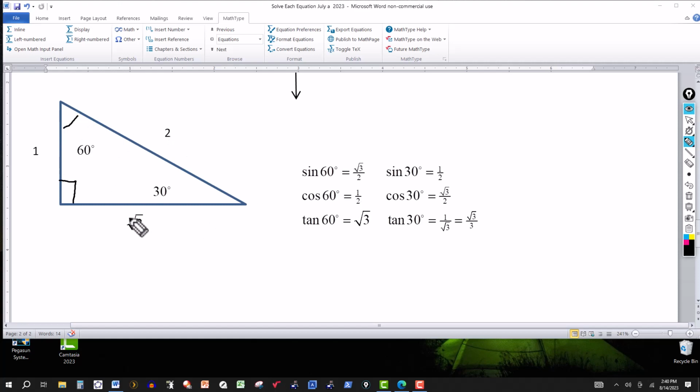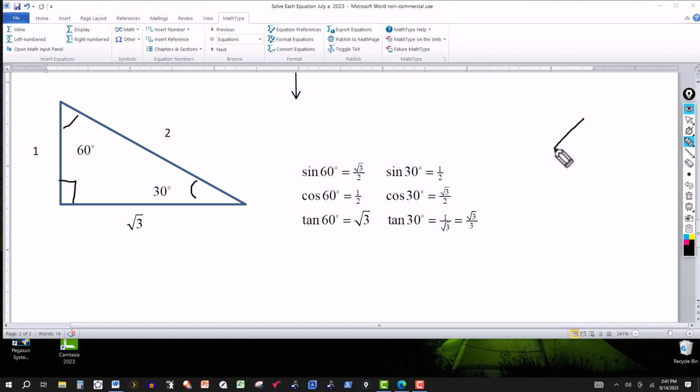Tangent is the opposite over the adjacent. And then from this perspective here, the sine of 30, opposite over the hypotenuse, that's 1/2. The cosine, adjacent over the hypotenuse, is square root of 3 over 2. The tangent, opposite over the adjacent, is 1 over the square root of 3, simplify it.